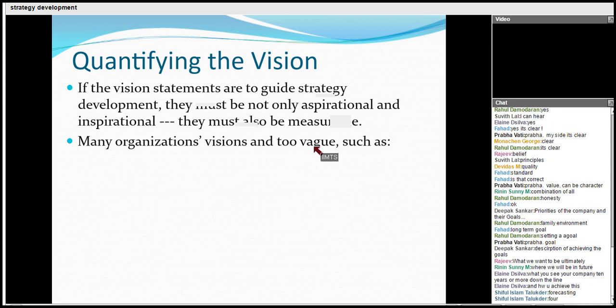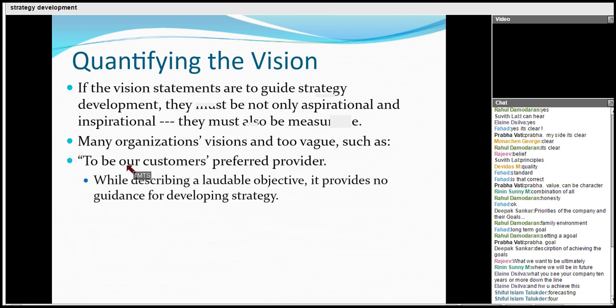Let me give you an example of a vision that's not too good. It's vague. It doesn't tell you any measurable quantity. For example, to be our customer's preferred provider. This is too vague. While describing a laudable objective, it provides no guidance for developing strategy. We want to be our customer's preferred provider.